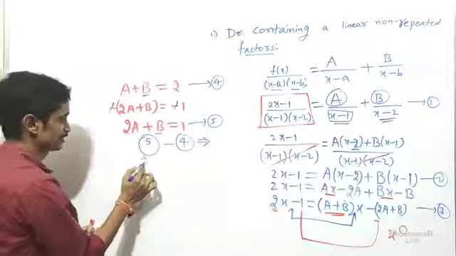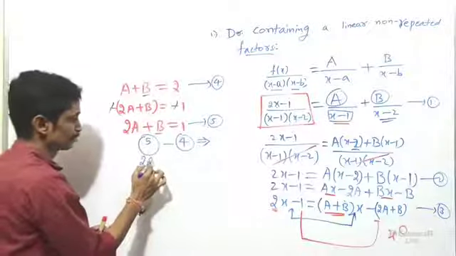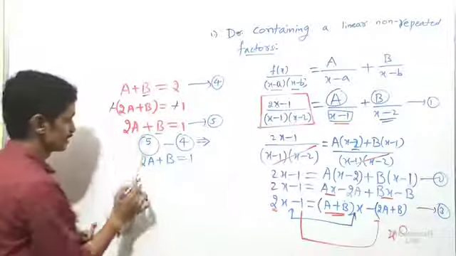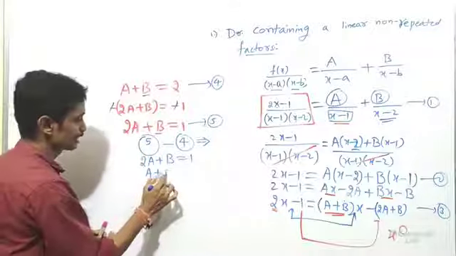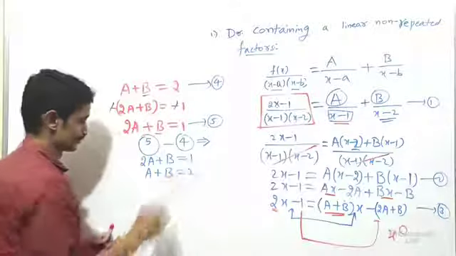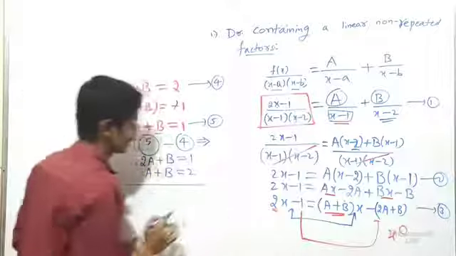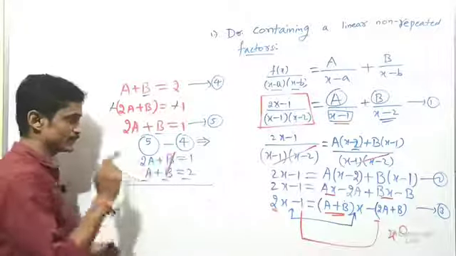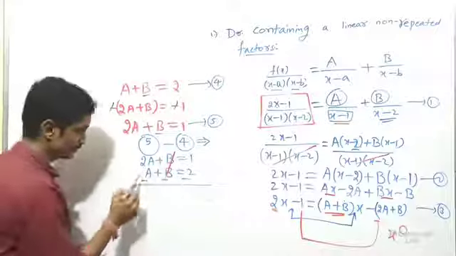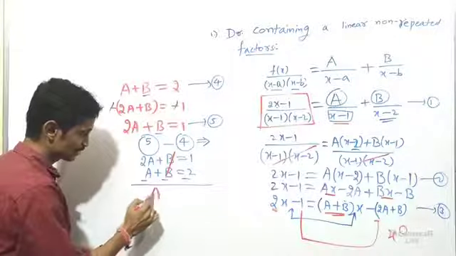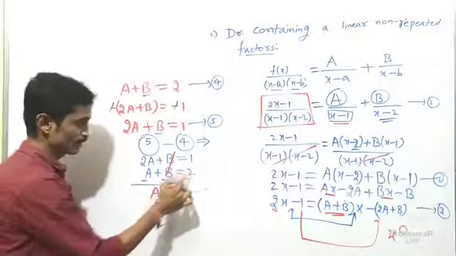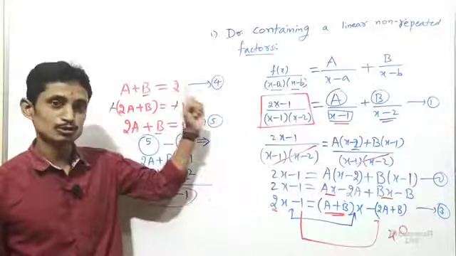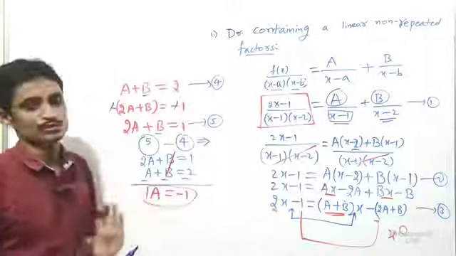Equation 5: 2a plus b equal to 1. Here, a plus b equal to 2. Now just subtract, so the sign will change. Then b and b will cancel. What is left: 2a minus a becomes a, and 1 minus 2 becomes minus 1. Remember your answer? A equal to minus 1, we got. The same result we get.